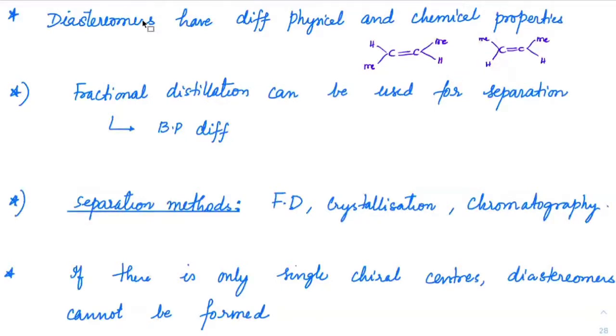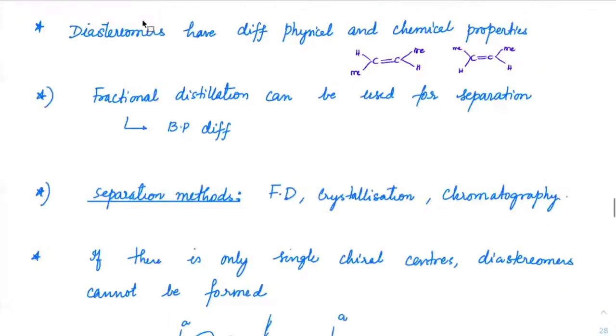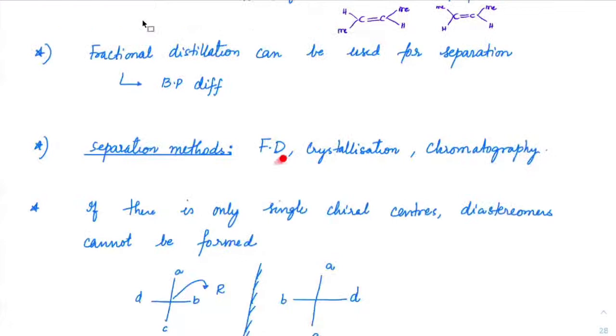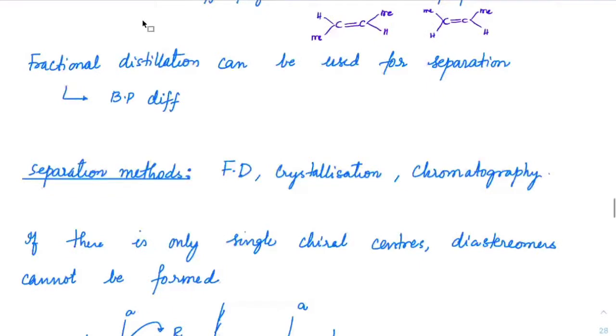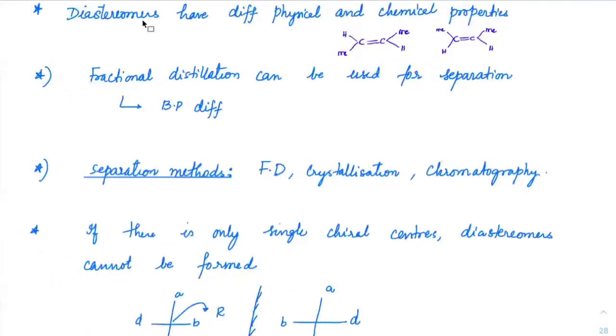All of you got that logic? So mostly, what types of separation methods will we be using? Fractional distillation, chromatography, or crystallization. Most of the questions on diastereomers would ask you to do fractional distillation only. So using fractional distillation, how many of the molecules can be separated? These are the type of questions that would be asked.